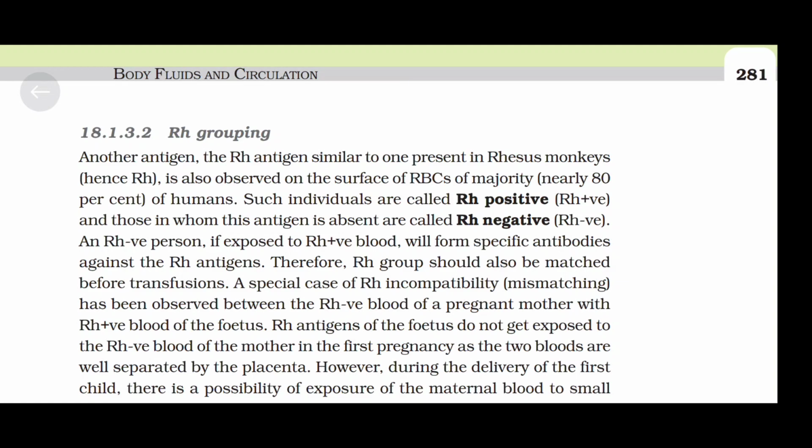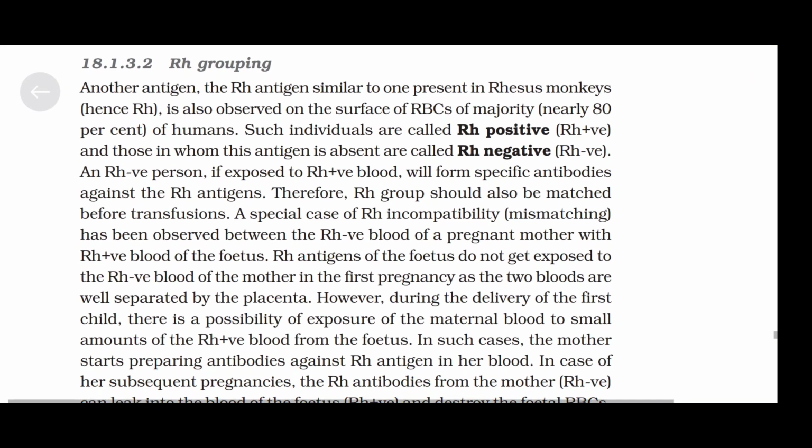A special case of Rh incompatibility has been observed between the Rh negative blood of a pregnant mother and the Rh positive blood of the fetus. Rh antigens of the fetus do not get exposed to the Rh negative blood of the mother in the first pregnancy, as the two bloods are well separated by the placenta.